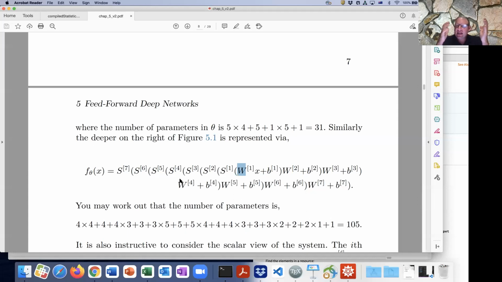Well, it turns out that there are rigorous theorems, with rigorous mathematics, saying that almost any function you can express in an arbitrarily close manner with a neural network that already has a depth of 2.